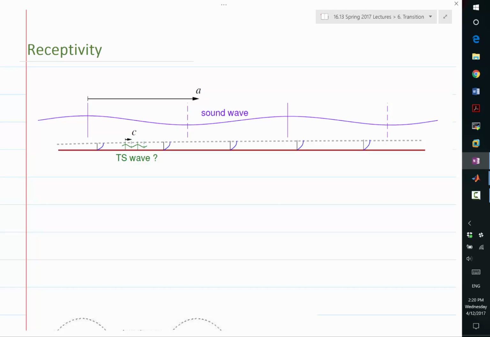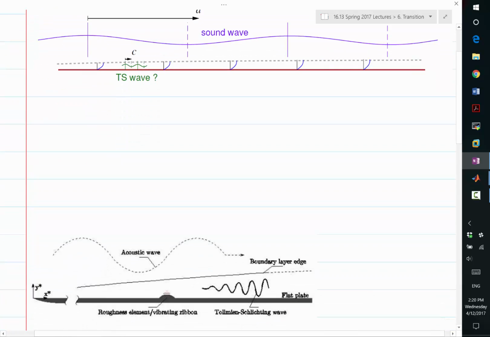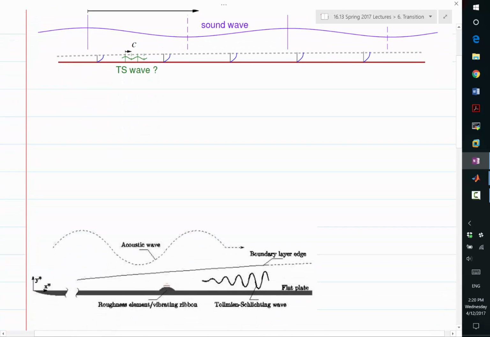But later on, people discovered various mechanisms for long wavelength signals to travel into the boundary layer and become small wavelength signals. One of these ways is a small roughness element, or basically a small geometric feature embedded in the boundary layer.